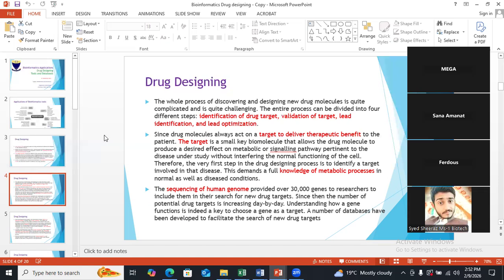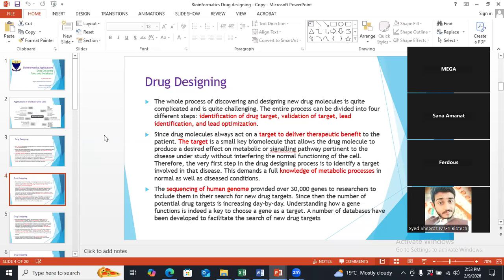Leads basically means the list of those molecules which we are studying for the treatment of a specific disease. So we need to identify and optimize those lead molecules. And then we need to deliver therapeutic effect with the help of identification of targets.